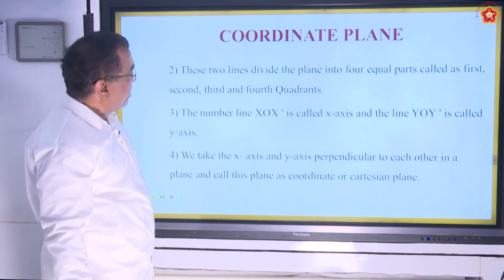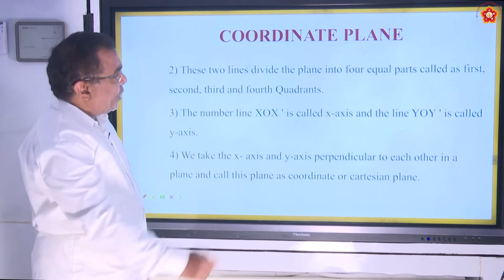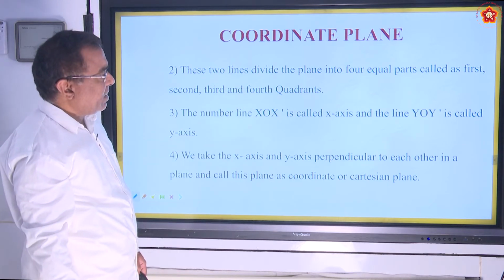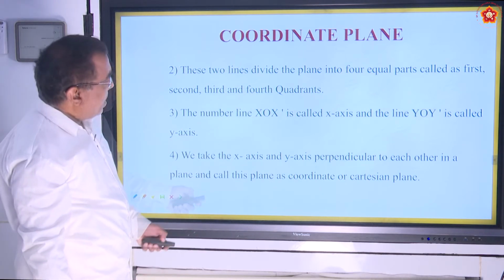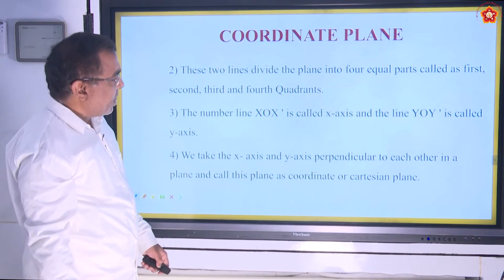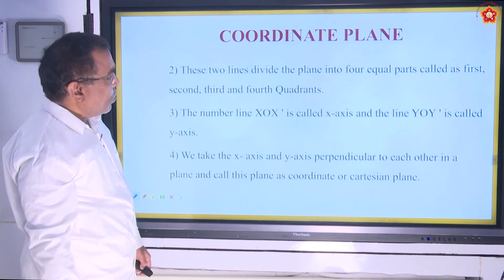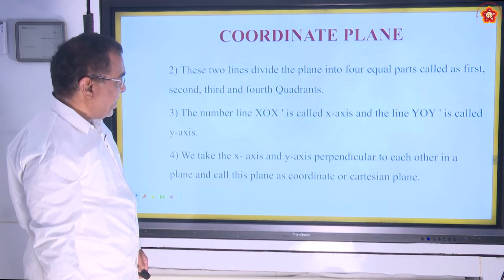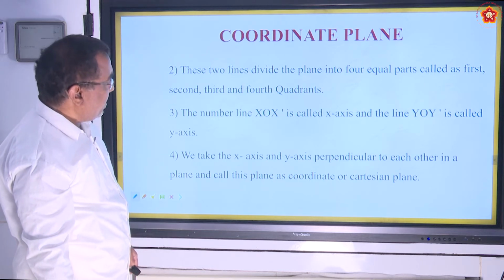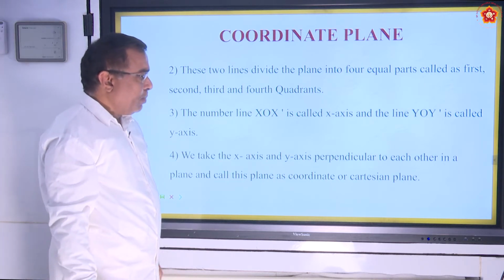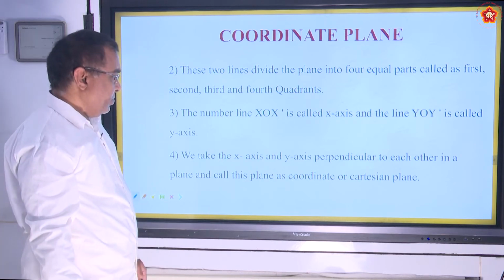So this is what is mentioned here. We are dividing it into 4 equal parts called the first, second, third and the fourth quadrants. The number line XOX' is called the x-axis, YOY' is called the y-axis, and we take the x-axis and the y-axis perpendicular to each other.